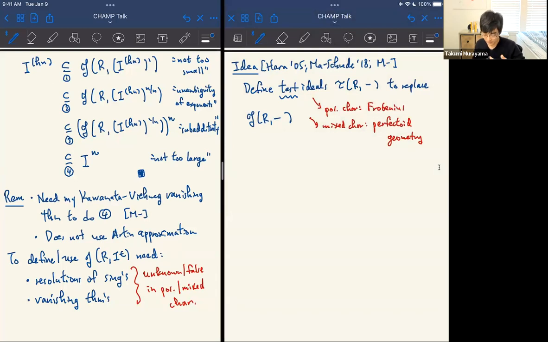And so if Schwede, since the Schwede theorem does have an assumption on it, you might wonder where in this strategy does their version of test ideals not work? And that happens in step 4.